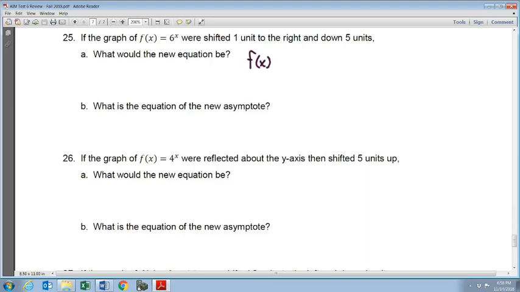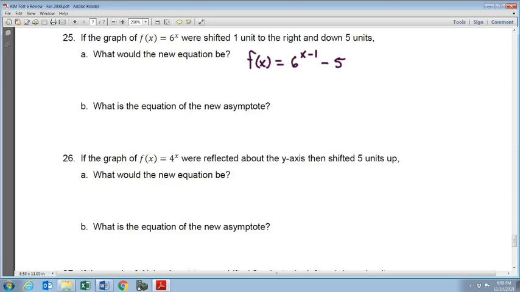Well, let me go ahead and get this set up. We know it's going to be x, if we're going right 1 unit, we're going to put x minus 1 in for our exponent. That'll cause a shift right 1, which is what we're supposed to have. And then down 5 units, that would be minus 5.